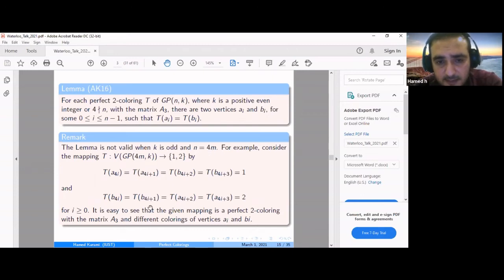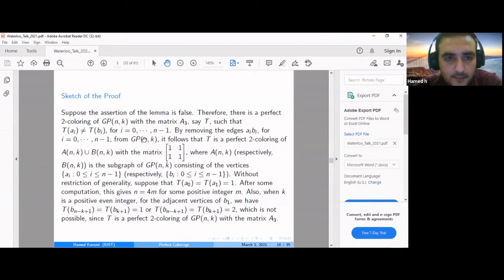For example, this construction shows that the given mapping is a perfect 2 coloring with the matrix A3 and different colorings of A_i and B_i. So in every perfect 2 coloring of GP(n, k) under this condition, there are 2 vertices, A_i and B_i, that are the same color.